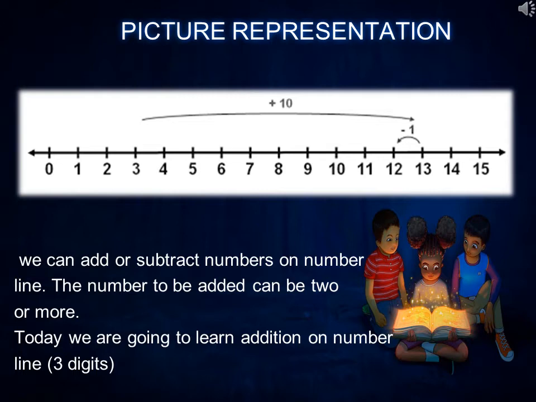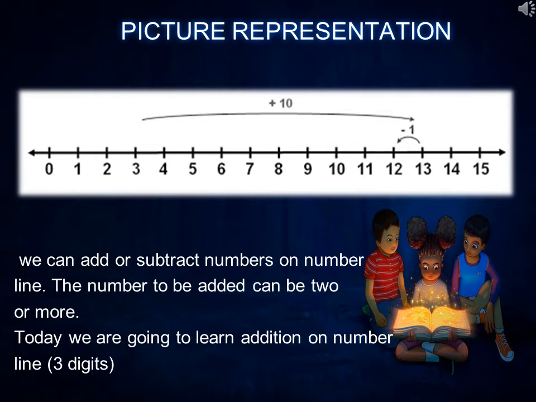Students, we always start from 0 whenever we represent addition or subtraction on a number line. Number line can be used to add or subtract. We can add 2 or more numbers and also we can subtract 2 or more numbers.